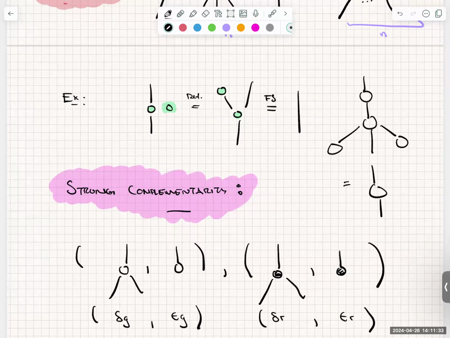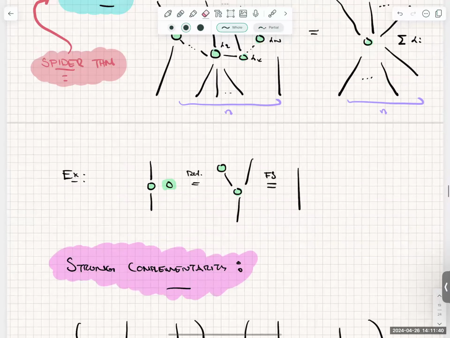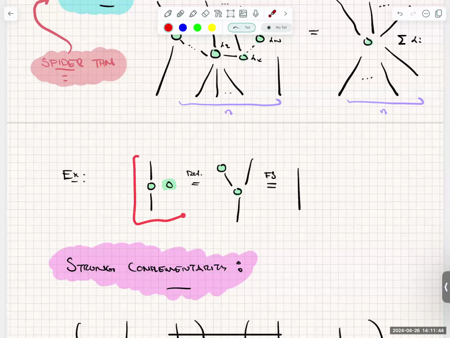So this is quite a nice result, so I wanted to emphasize it. I think that I neglected to talk about it last time, just to see that it works as you would expect it to.